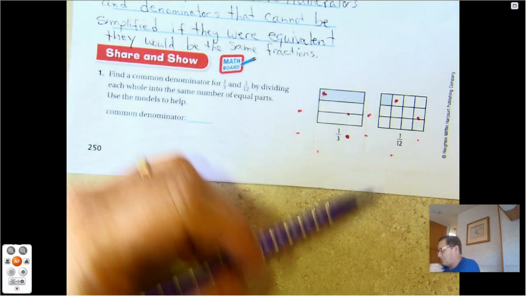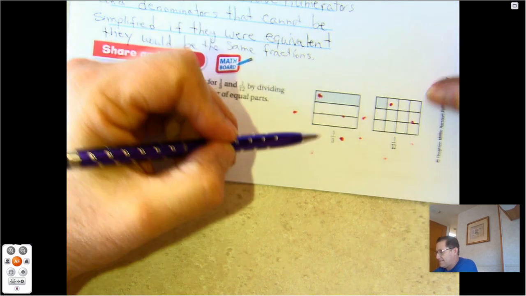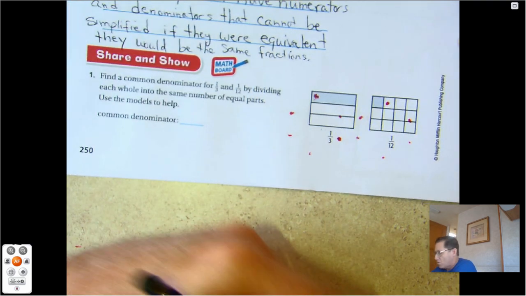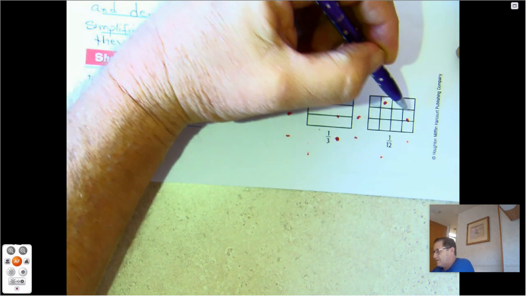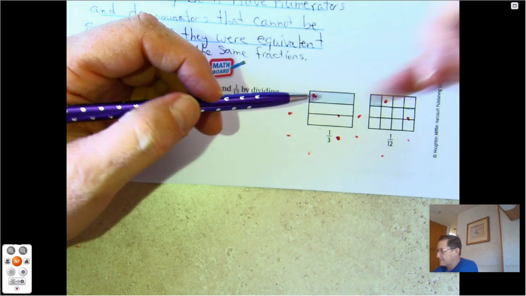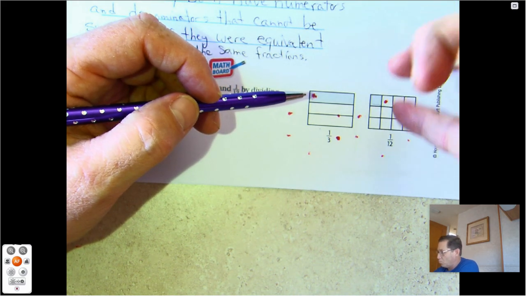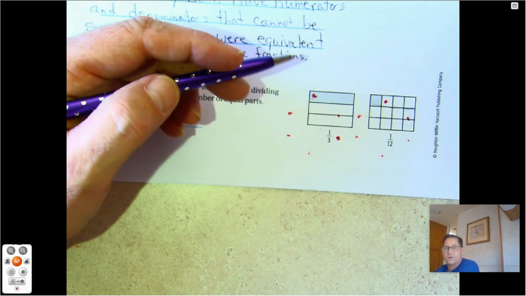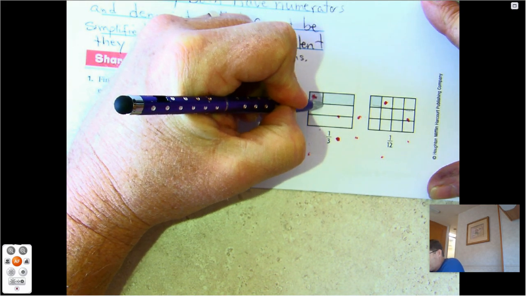Okay, well, this piece has 12 sections. This piece has 3 sections. Well, I see the horizontal lines on both of these papers. So this 12 has a section that's thirds. But then I also see it has 1, 2, 3 vertical lines. So what if I added 3 vertical lines to this one?